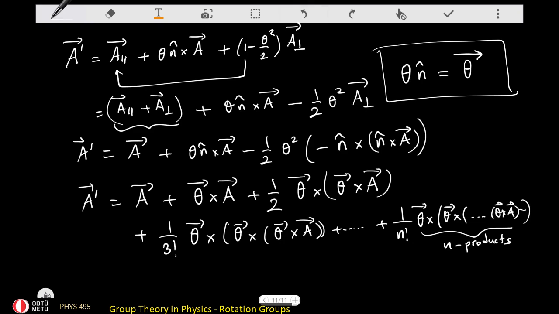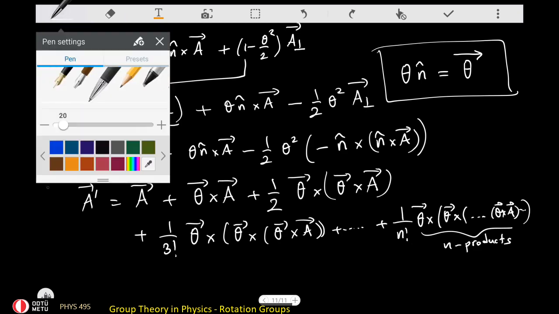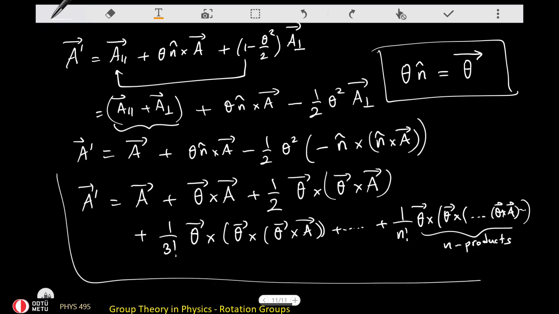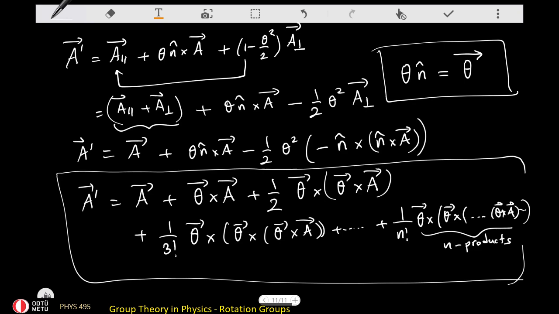So as a result, this Taylor series expansion would be exact if it is summed to all orders. So as a result, we have this kind of a notation for the action of the rotation of a vector, and we can express the final rotated vector in terms of the original vector like that. Okay, so we have a very nice expression like that.